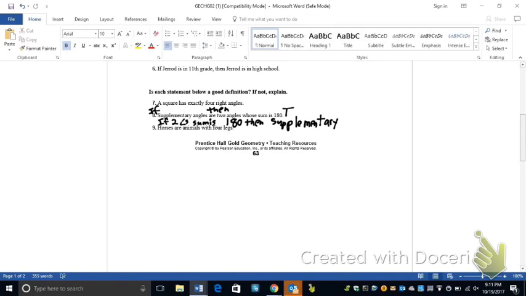Is that true? Well, yeah, that's kind of the definition of supplementary, and that's what makes it a good definition. Whether it's supplementary angles are angles whose sum is 180, or 2 angles whose sum is 180 are supplementary, it's true both ways. Good definition.